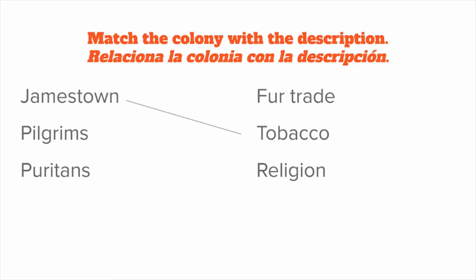Jamestown survived by cultivating tobacco. The Pilgrims survived with the fur trade. And finally, Puritans created a colony based on their religious beliefs and practices.